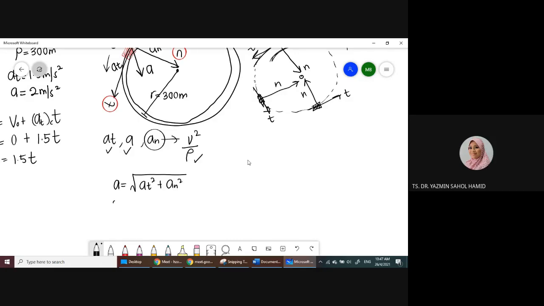So our acceleration is 2. AT is already 1.5 meter per second squared, so don't forget to square, plus AN. What is our AN? Let's write AN first. AN is V squared over rho.